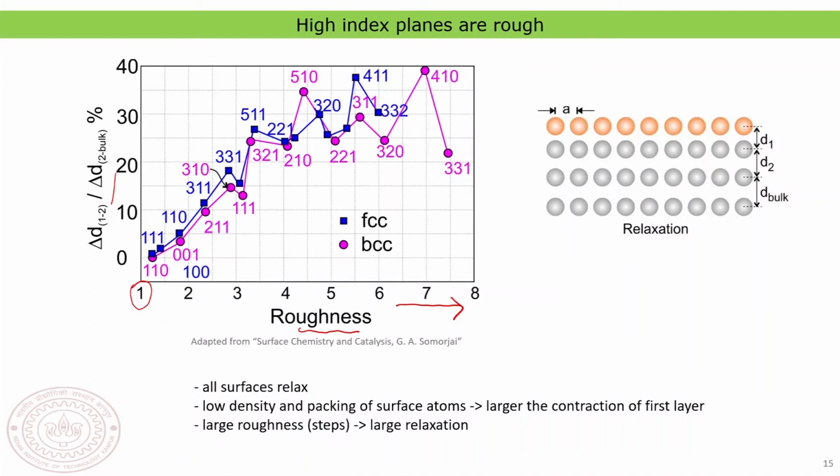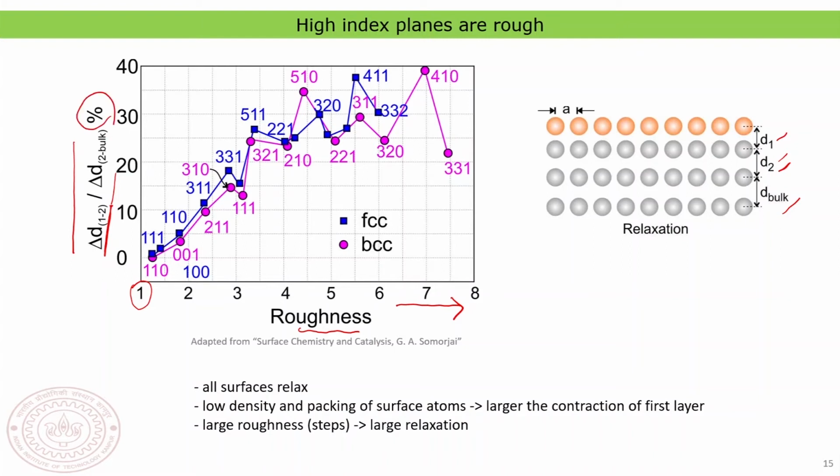Now, this roughness of different surfaces is plotted against the difference between the lattice distances between the first and second layer and between the second and bulk lattice, which is plotted along the y-axis, and that is given in percentage.